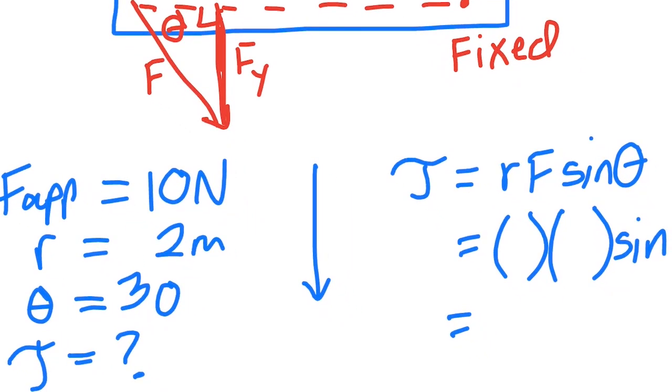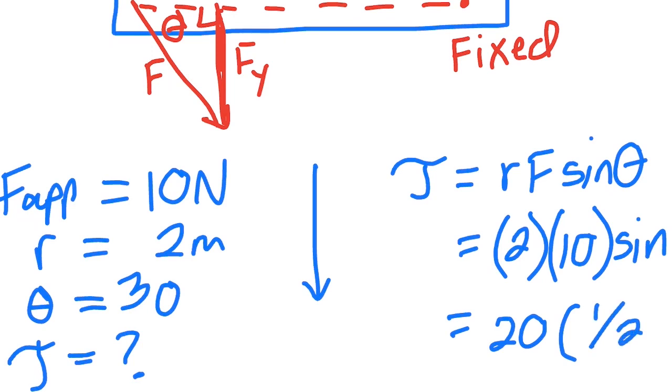However, we're going to have 2 for our radius, 10 for our applied force, but now we have a sine of 30. So here 2 times 10 is 20, but then sine 30, and for most complex questions with angles that are not part of your unit circle, you'll probably be allowed to use a calculator if you need an exact decimal value, but in this case, sine 30, that's one we should probably know. Sine 30 is 1/2. And 20 times 1/2 gives us 10.